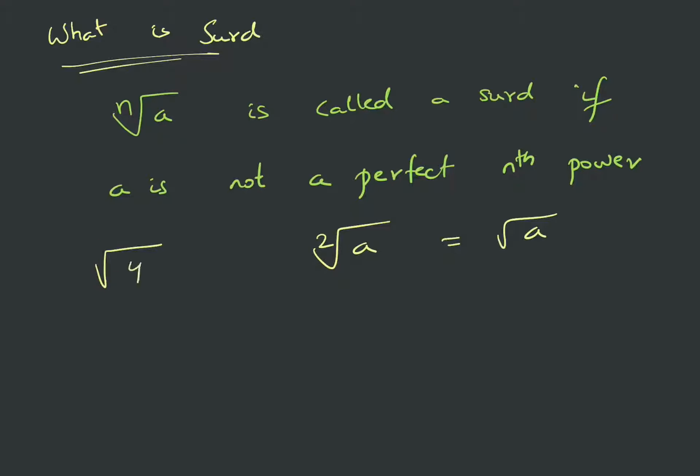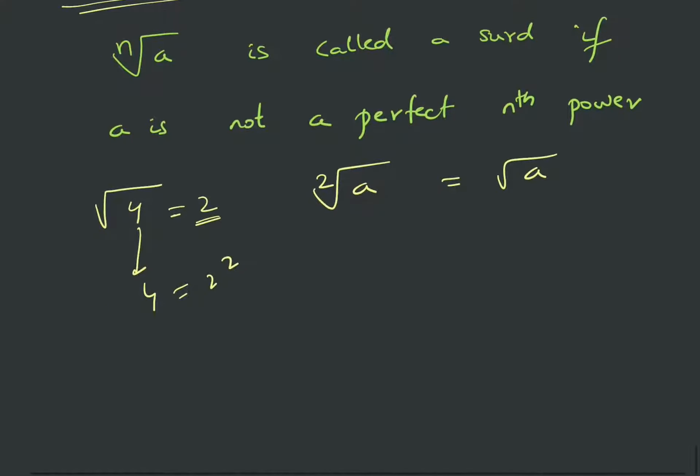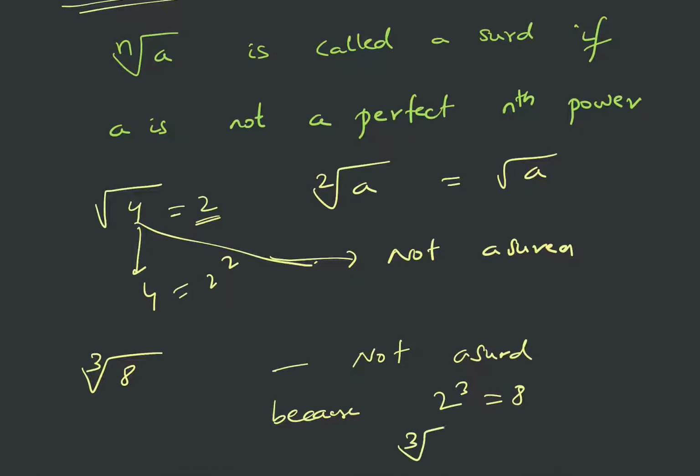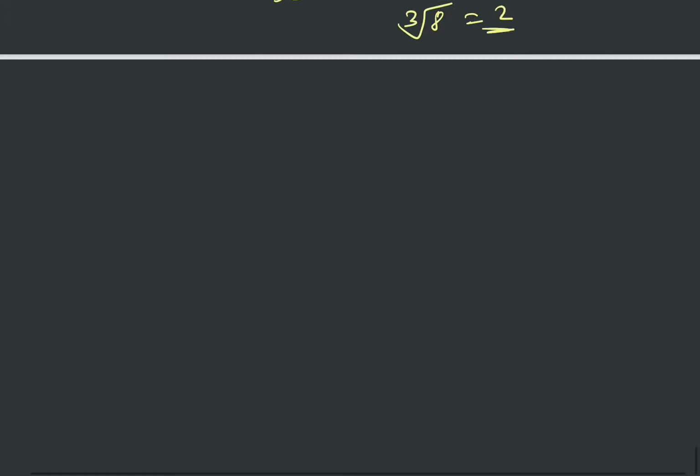So if I talk about square root of 4, this is not a surd because this is actually equal to 2, because 4 is a perfect square. Similarly, if I write cube root of 8, then this is also not a surd because we have 2 power 3 is 8. So cube root of 8 I can write as 2, so this is not a surd anymore.